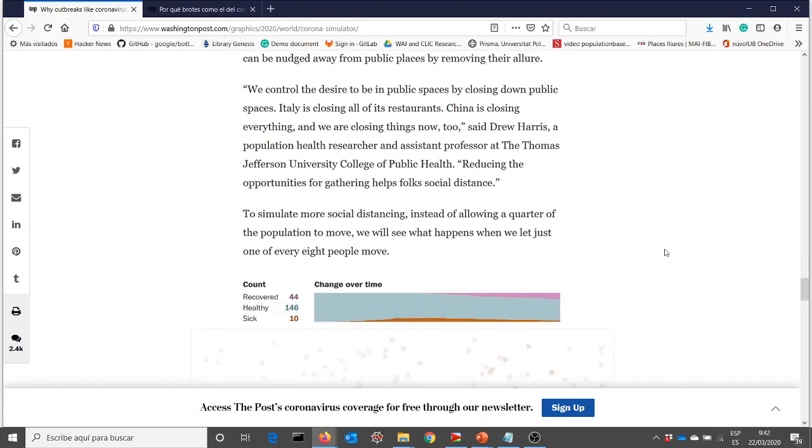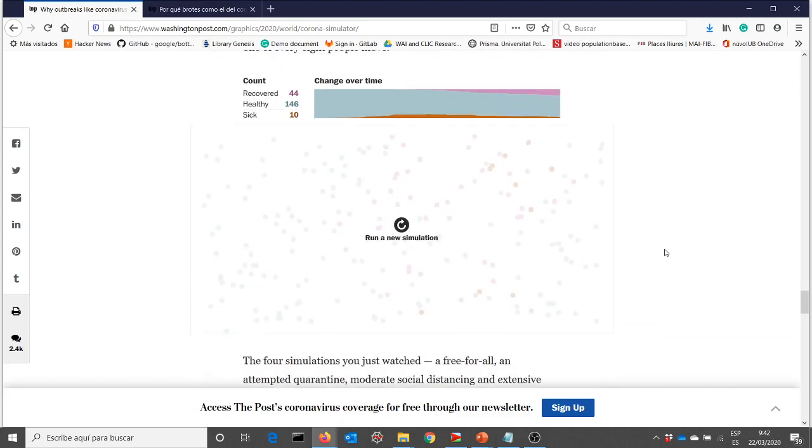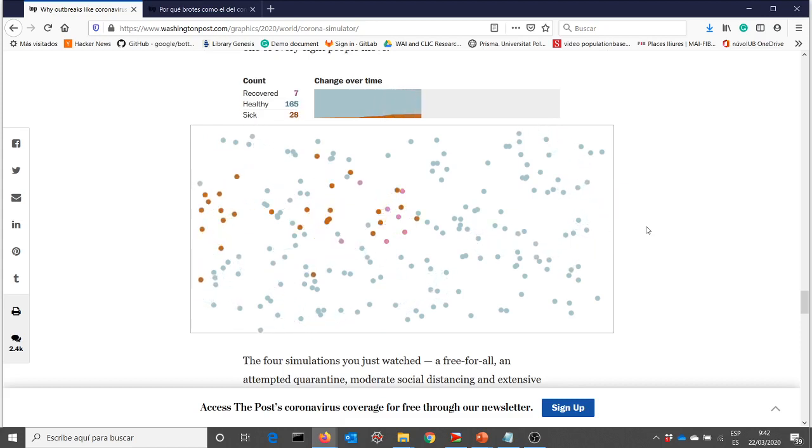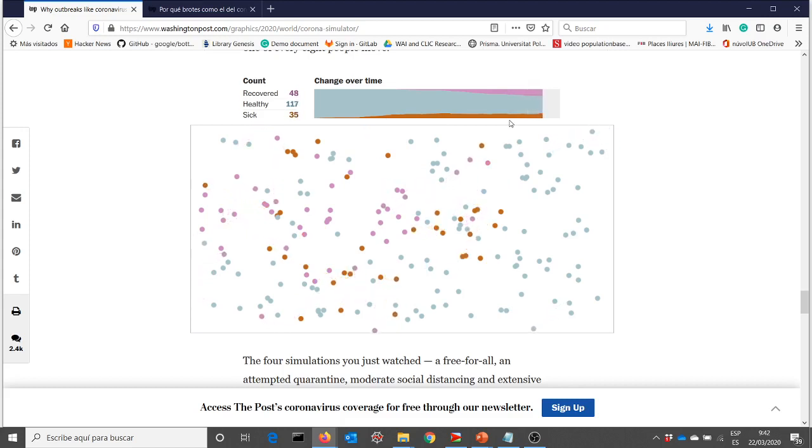And then he does a last simulation with only 1 out of 8 people able to move. And here we can see how the spreading is really much lower. Only a few of them are spreading. So here the curve is much more flattened.